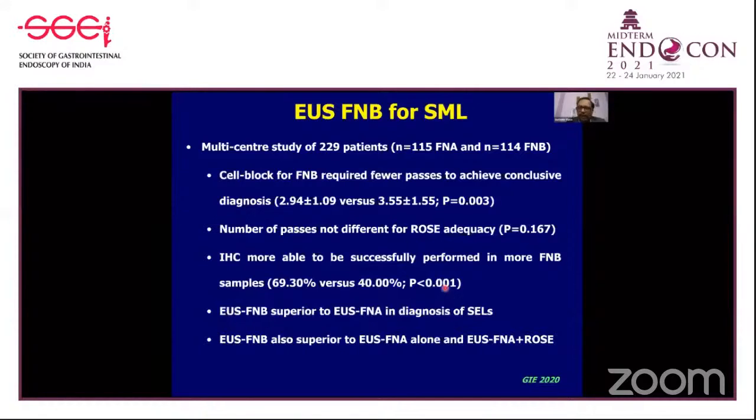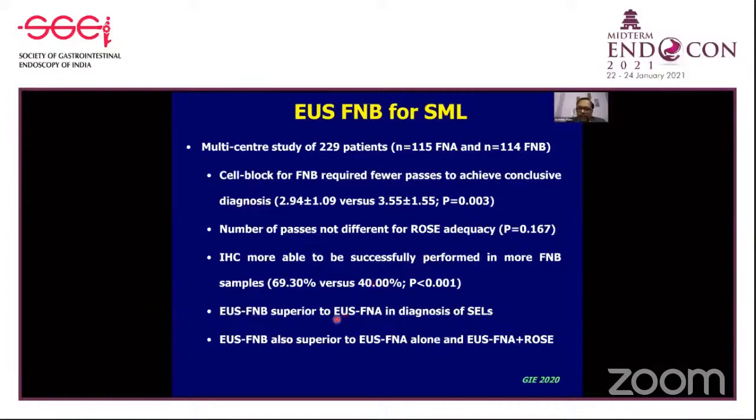Similar results were obtained from a large multicentric study, again published recently in GIE. It included 229 patients, of whom 115 underwent FNA and 114 underwent FNB. The cell block for FNB required fewer passes to achieve the diagnosis. The number of passes was not different for ROSE adequacy. Immunohistochemistry was more successfully performed in FNB samples as compared to FNA samples.